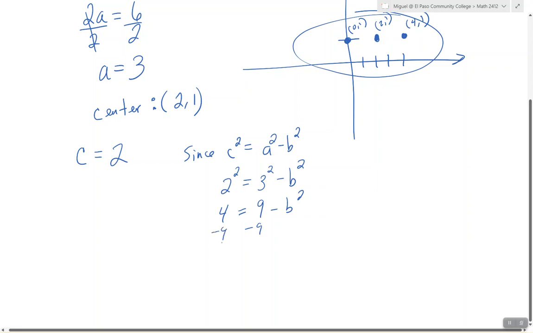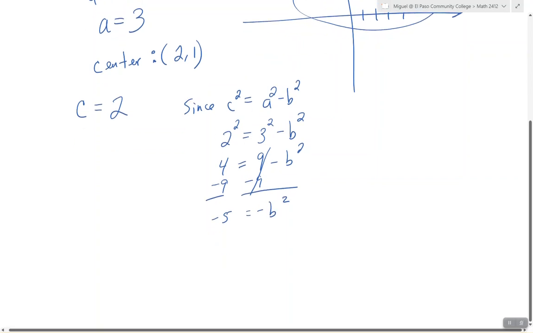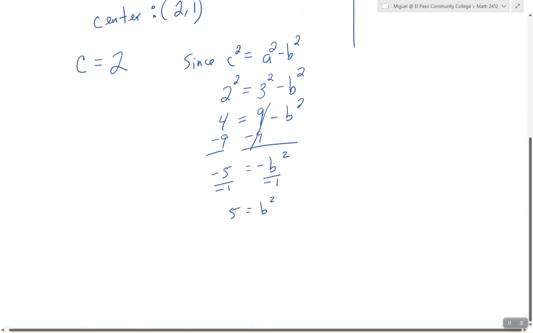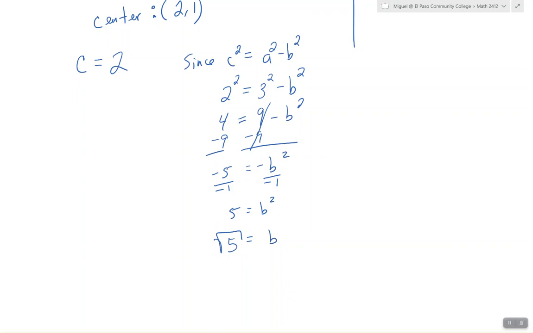Minus 9, minus 9. Negative 5 equals negative B squared. Get rid of the negatives. We could square root both sides, right? Get square root of 5.